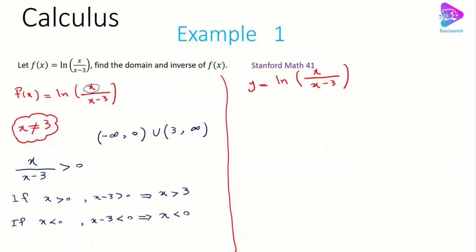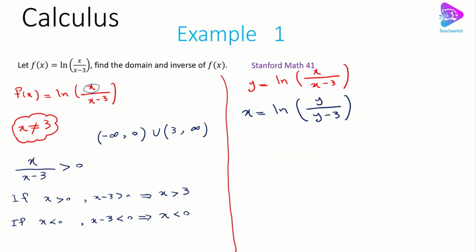Once we have this step, it's time to swap y and x. Therefore, we can write this function as x equals ln of y over y minus 3. After that, it's time to use the definition and some rules of the natural log.